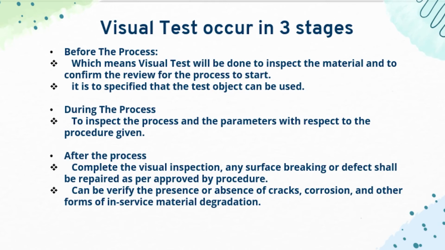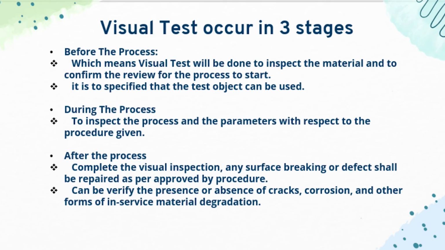The inspector will inspect the process with respect to the procedure given, which means that while the other is doing the welding or the worker doing another job, the inspector who takes the visual test will inspect all the material while they are doing their job, so it will be more careful.